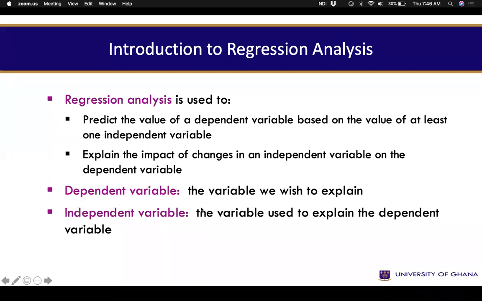But we found out that there is a relationship between a business math score and your quantitative method score. Once we find out that there is a very substantial relationship between them, we can use the business math score to predict what you would have obtained if you had written the quantitative method.